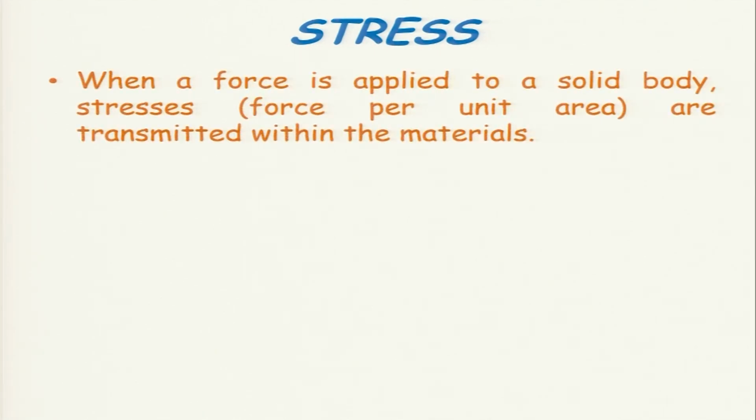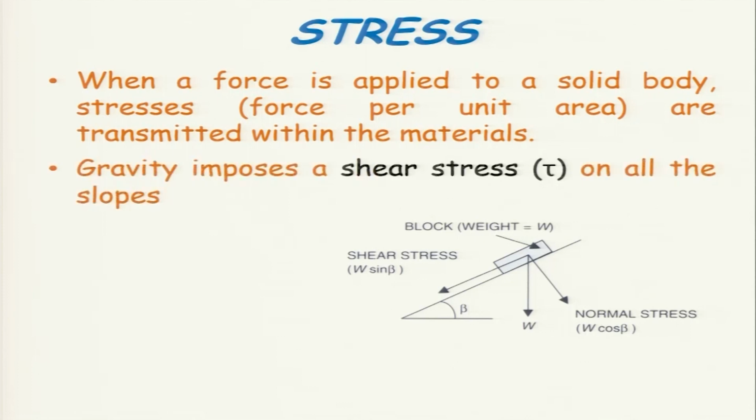Stress, when a force is applied to a solid body, is force per unit area, because we usually take stress as a point where the force we are applying per unit area is transmitted within the material. And gravity imposes a shear stress, that is your tau, on all the slopes.